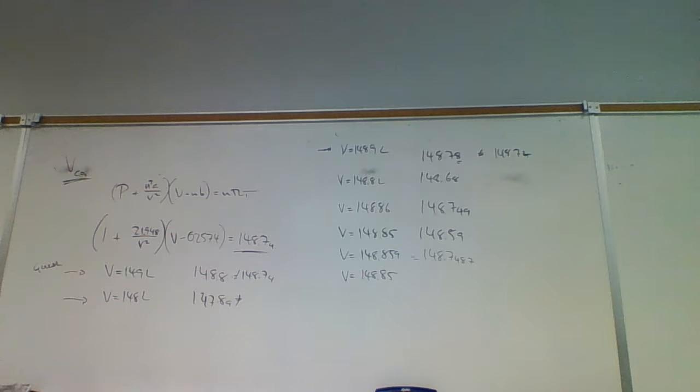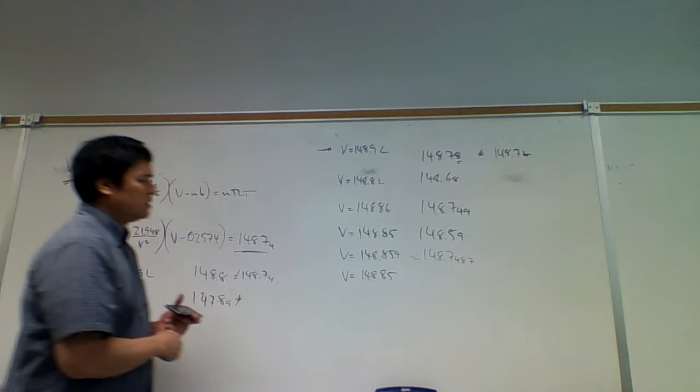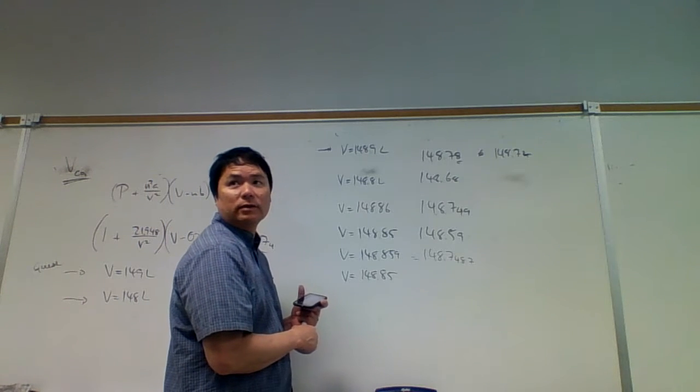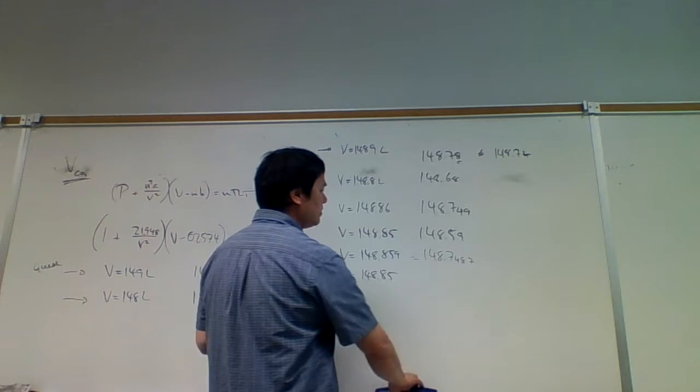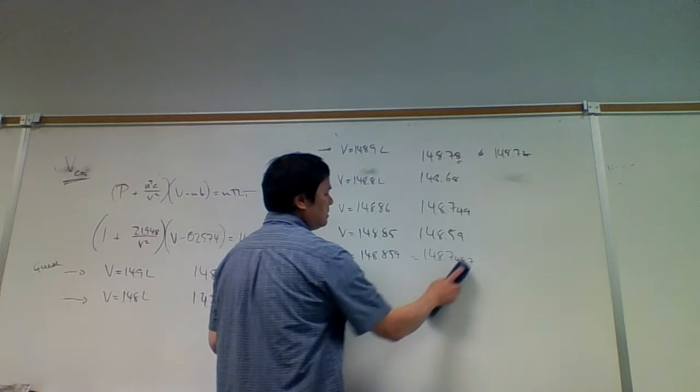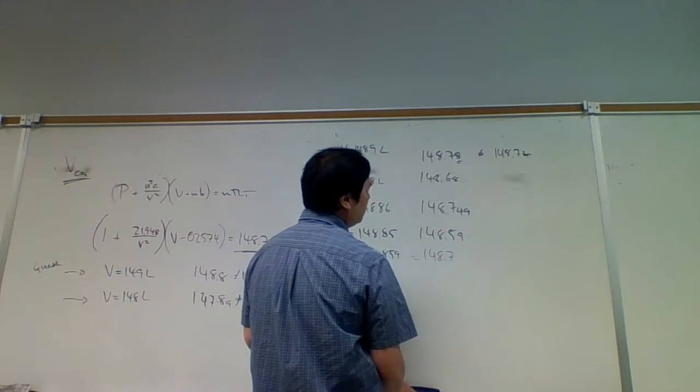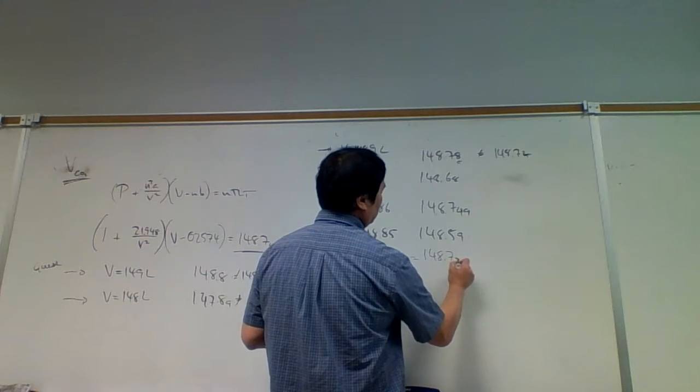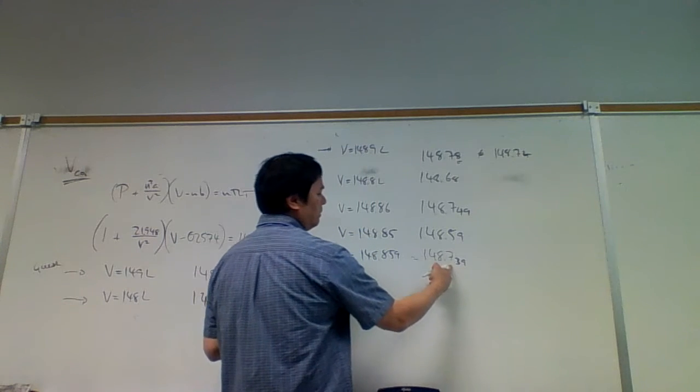I think I got 148.739. You got 739? Oh, did I screw up the calculation? 148.739? Is that what you guys got? Okay, I must have miskeyed it. 739 then is perfect.